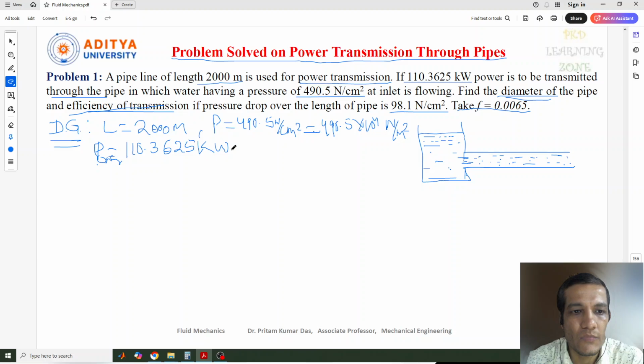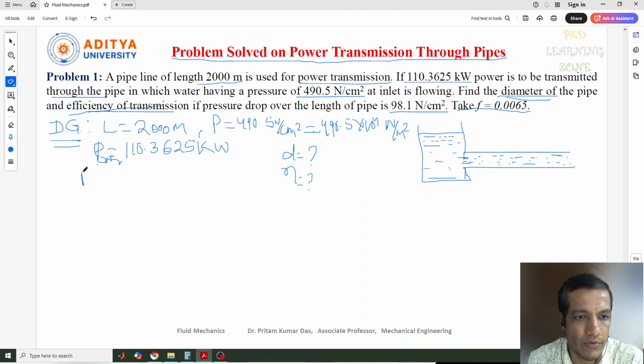Okay. So actually here it is given, the power to be transmitted through the pipe in which having a pressure of 490.5 at the inlet, so that is given. Next is find the diameter of the pipe and efficiency. What we need to calculate here is the diameter and efficiency of power transmission if the pressure drop over the length is given as 98.1.